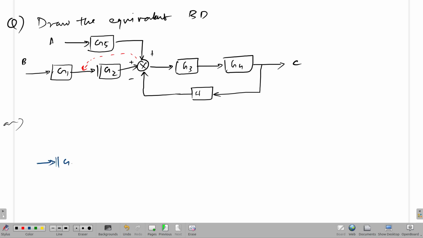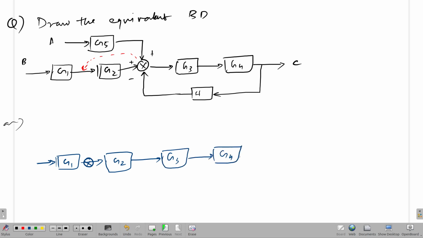Okay, let's see. You have your G2 here, like I mentioned in the previous class. Shifting point will come here, like I mentioned in the previous class. The shifting shouldn't affect the main path. Okay, so this will come here. This particular block, I am putting it in red to denote that it is new.